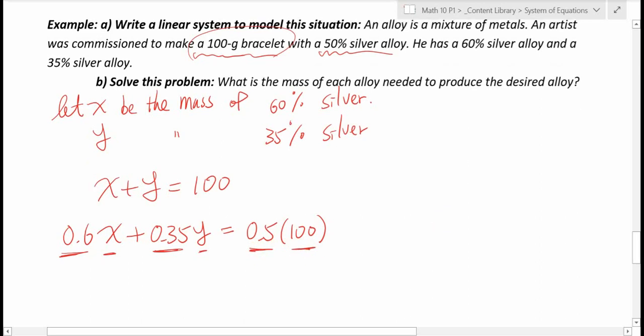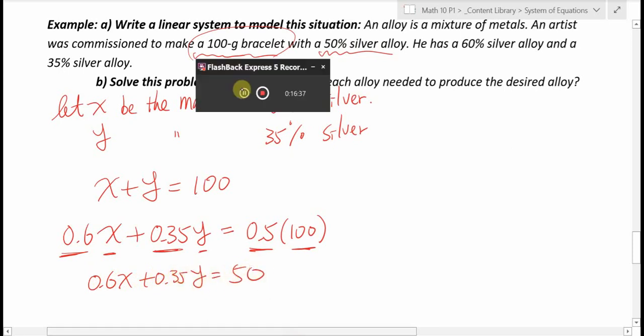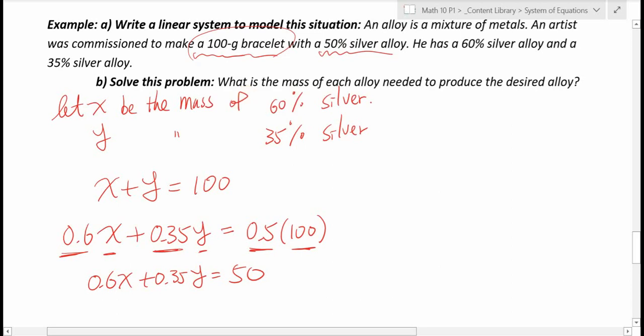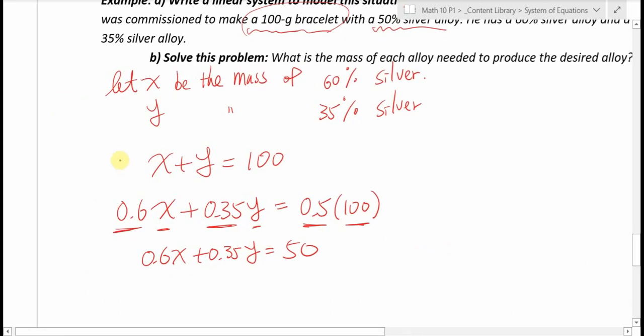Okay, so now I'm just going to simplify this a little bit. That's 0.6x plus 0.35y equals 0.5 times 100, which is 50. Okay, so now we have two equations, right? Here's equation number 1. Here's equation number 2. So I'm actually going to work with decimals here.